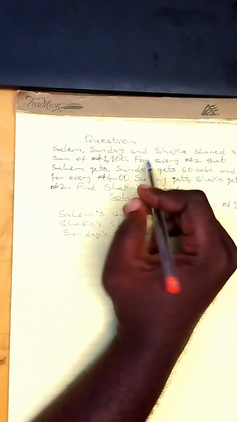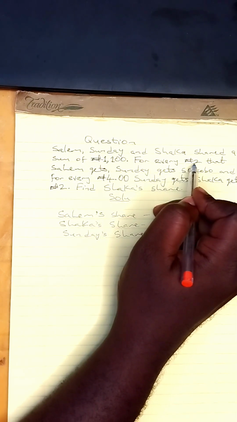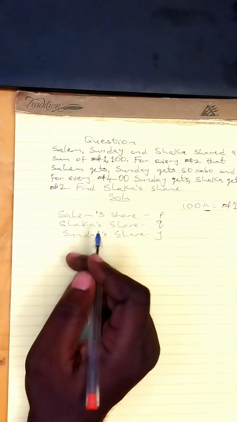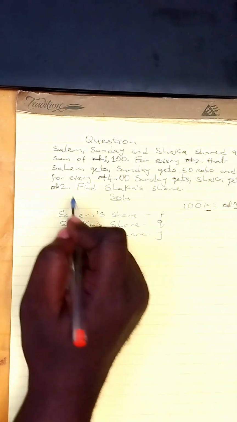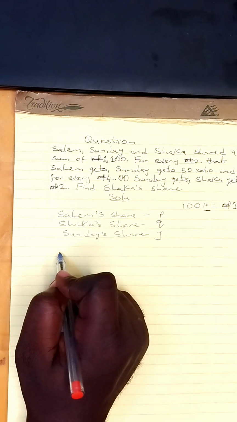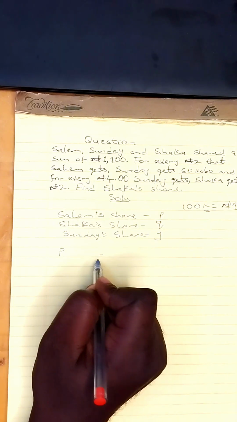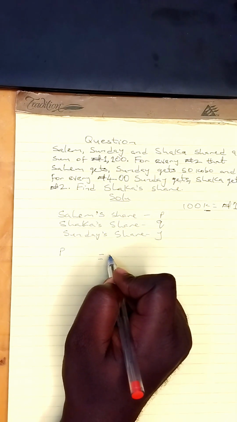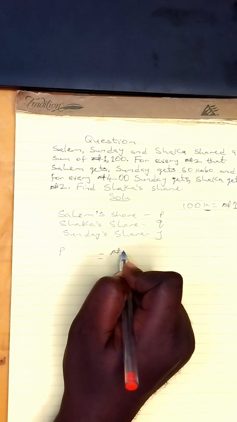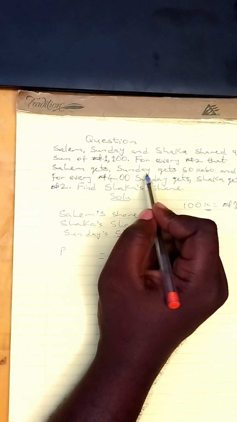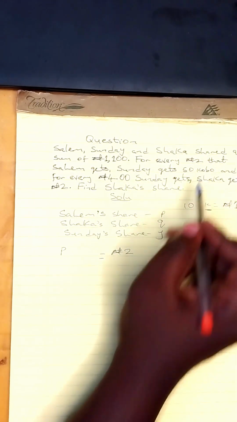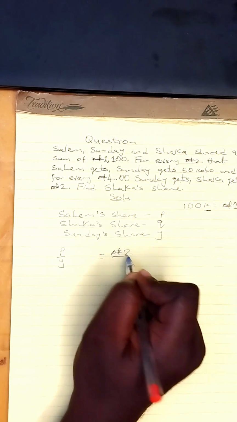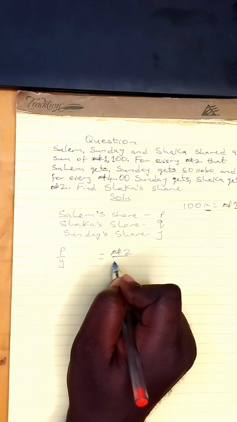Alright, so from this statement, for every 2 naira that Salim gets, Sunday gets 50 kobo. So for every 2 naira that Salim gets, we say Salim is P. Sunday is Y. Guess what? 50 kobo.